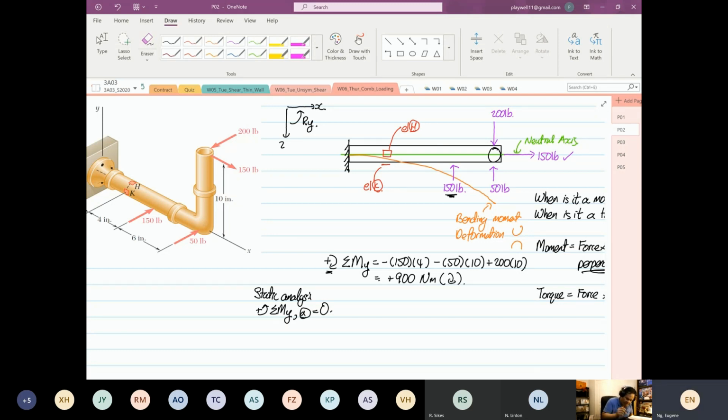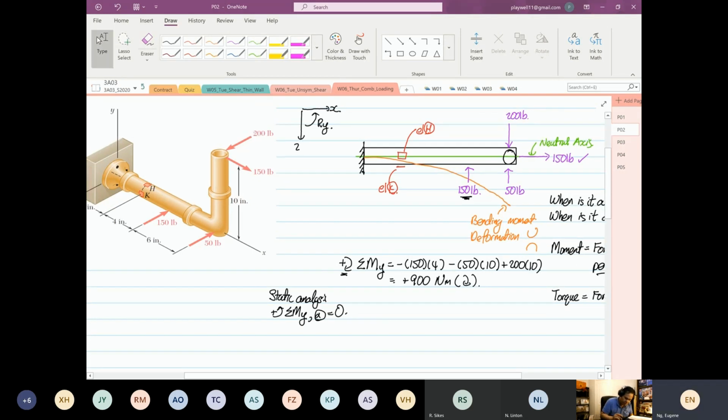So again, at this point, for element H, the stress will be equal to 0, because it's on the neutral axis. Then element K is going to be compressive.